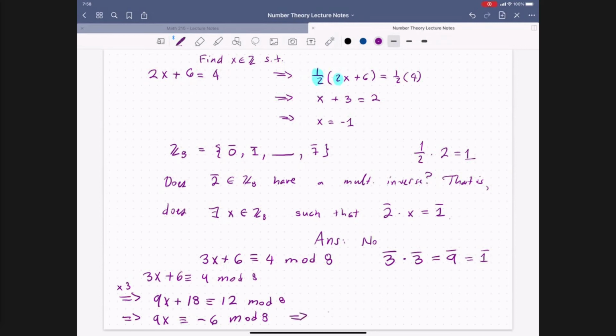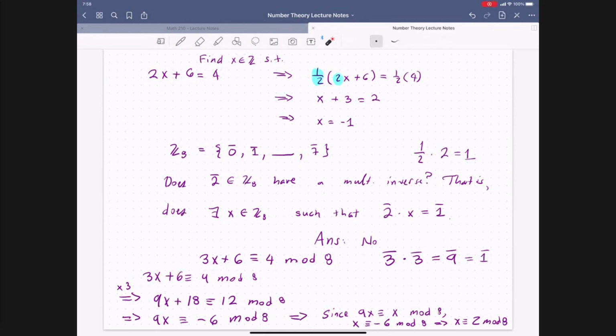And so since 9x is congruent to x mod 8, the answer we want is x congruent to minus 6 mod 8. But minus 6 is the same as 2 mod 8. And so we have our answer. We can verify: if we plug in 2 for x, we have 6, 6 plus 6 is 12, and 12 is congruent to 4 mod 8. And so we are good.